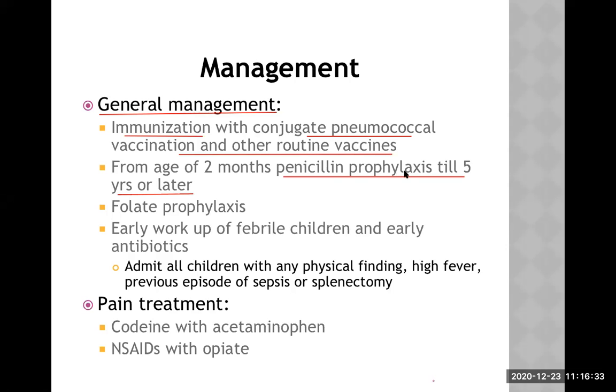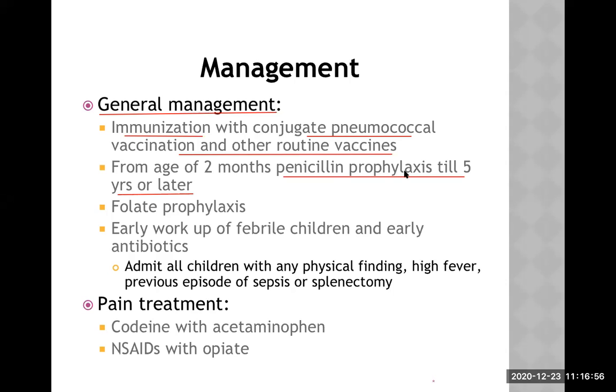Now, which one is better? Which one is easier? Definitely vaccination, okay? But vaccination is given at a different time, isn't it? For example, if that time has not come yet, then I need to go for penicillin prophylaxis. When vaccines take over, when there is a good amount of antibody formation, I can discontinue this prophylactic antibiotic.